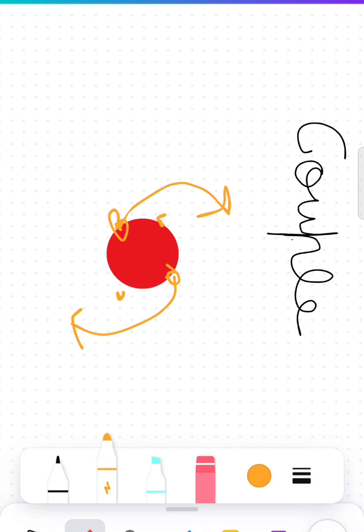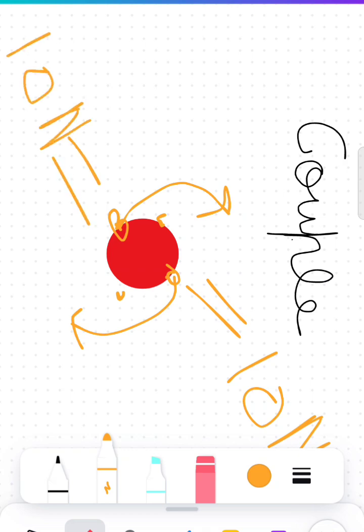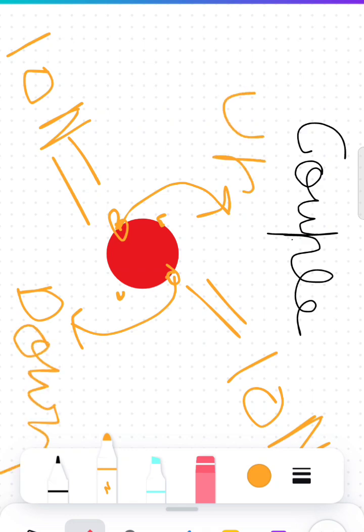Here two equal and opposite forces are acting. The magnitude of force is the same, 10 Newton, here also 10 Newton, but the forces are acting in different directions. It is acting in downward direction and it is acting in upward direction. So it is a couple.